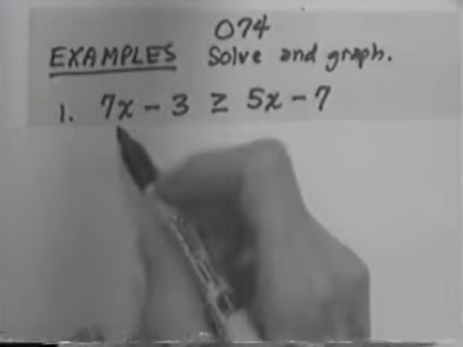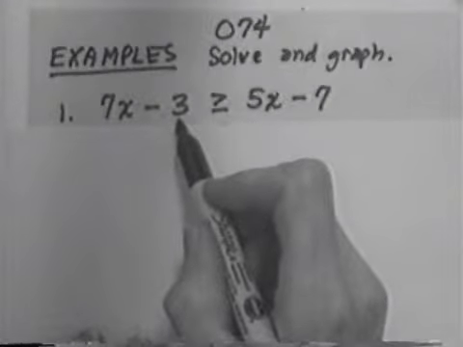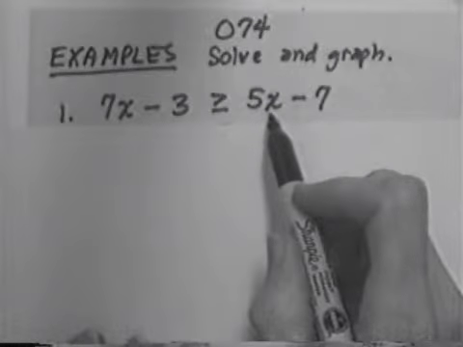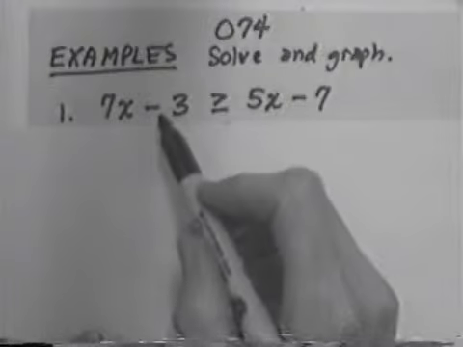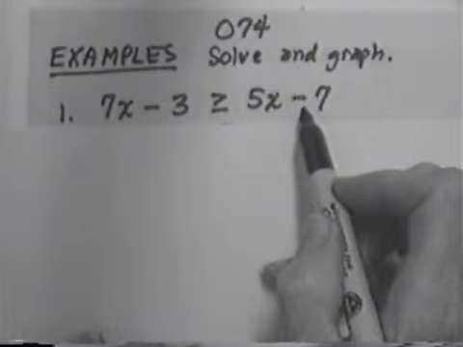Notice that the first step in solving an equation is to simplify each side of the equation. But on the left-hand side, we have variable and constant. They cannot be simplified. On the right, we have variable and constant. They cannot be simplified. We can rewrite the subtract as add the opposite, so we'll do that.